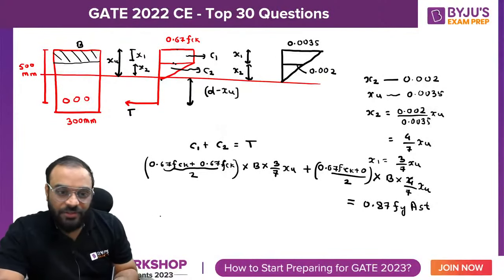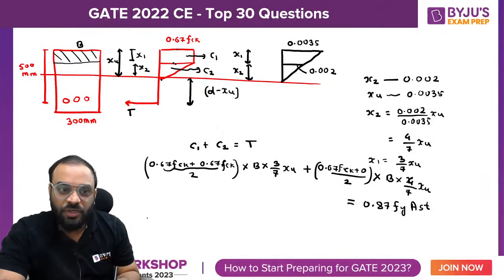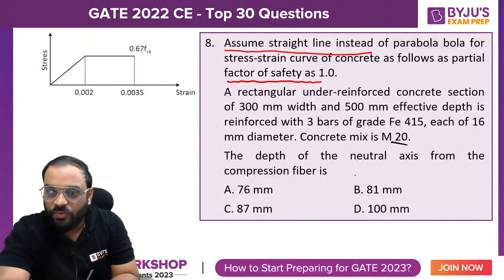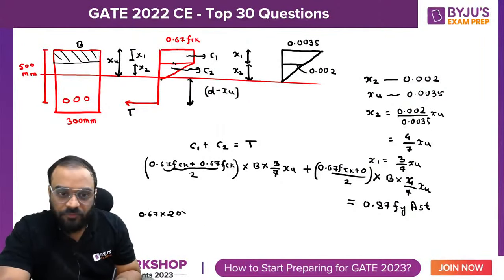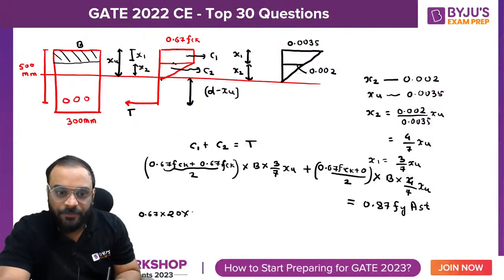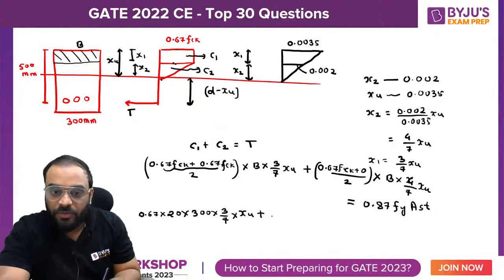So very simple. Okay, so we just need to put the values over here. So 0.67 FCK, the final value will be 0.67 FCK. FCK is equal to how much? FCK is 20. Multiply by B. B is equal to how much? B is 300. Multiply by 3/7. Multiply by XU. We don't know. Plus 0.67 FCK. FCK is 20.